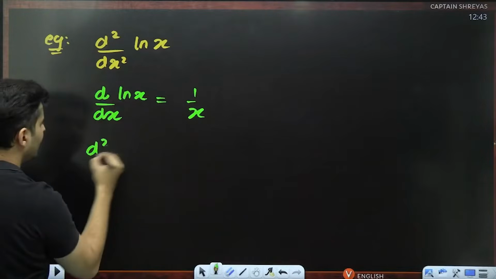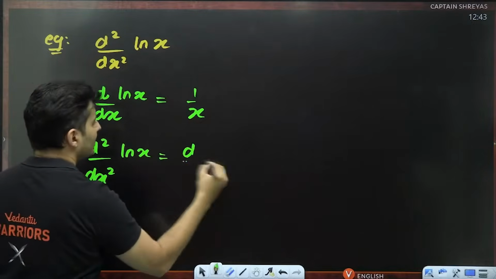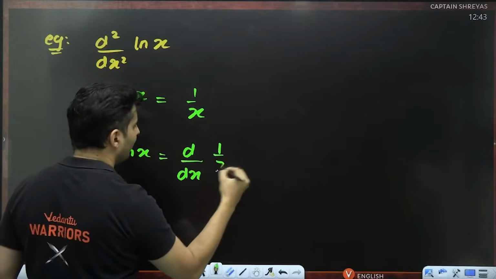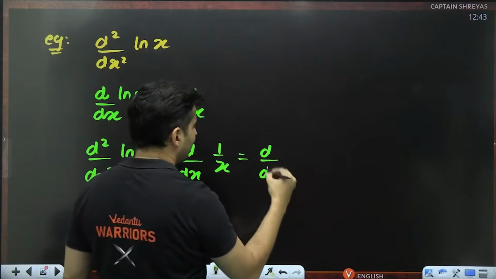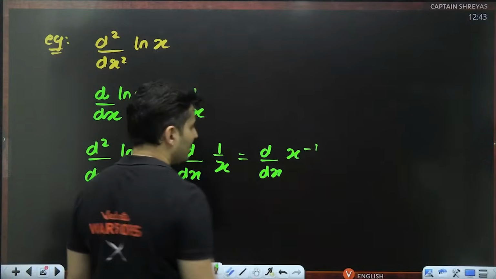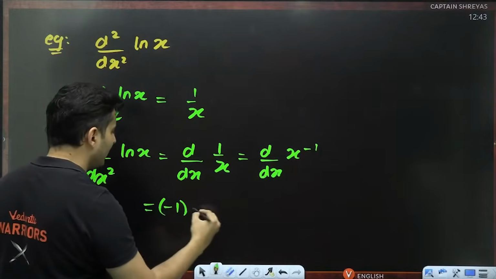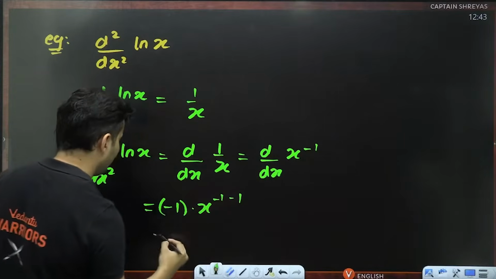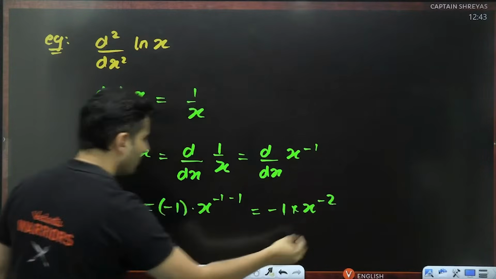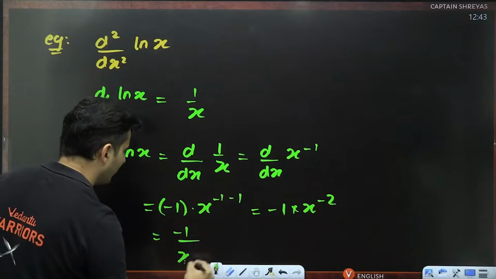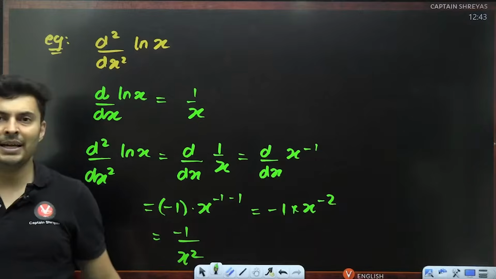The second derivative of ln x will be just the derivative of 1 by x, the derivative of the derivative. Take that x value on the top, it will become x raised to minus 1. X raised to minus 1 is x raised to n form. Put minus 1 outside. X raised to minus 1 minus 1. So it will become minus 1 into x raised to minus 2. Bring it down. So it will become minus 1 by x square. So the second derivative of log of x is minus 1 by x square.